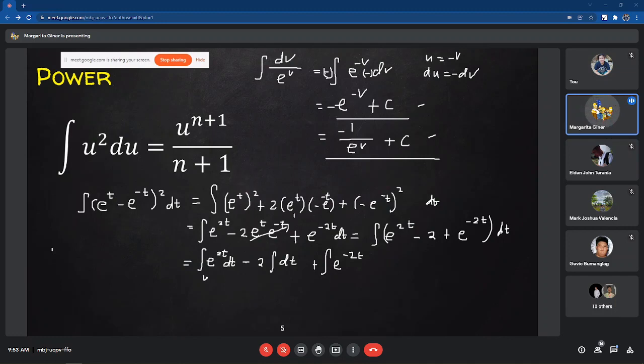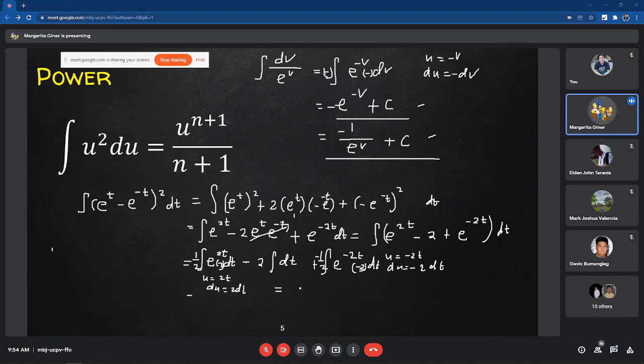What is your u? It is 2t, and your du is equal to 2 dt. So, you multiply by 2 and by 1/2, and then use the power rule. The same goes for the other one: your u is negative 2t, and your du is equal to negative 2 dt, so you multiply by negative 1/2. So, we can now solve.